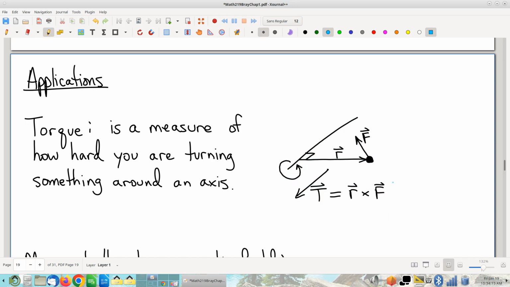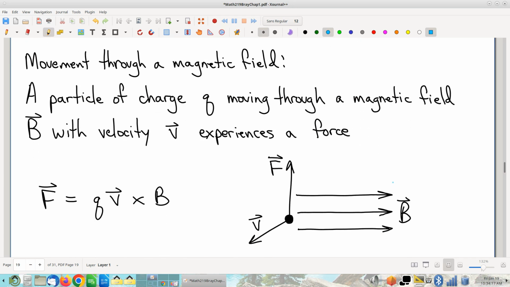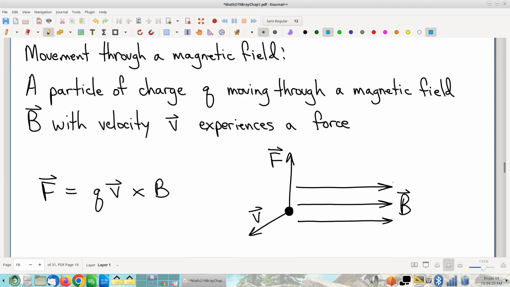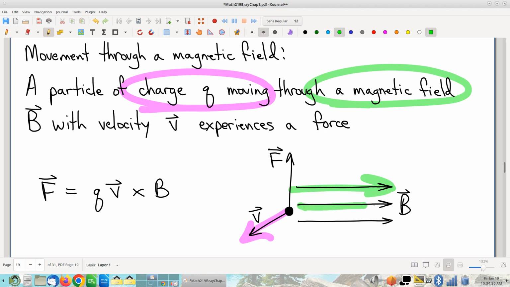Okay. Another, again, intrinsic to the world that we live in. This is just the way it is, right? When you have a charged particle moving through a magnetic field, and let's suppose that the magnetic field is pointing like that. Then the movement of the charged particle cross with the magnetic field.